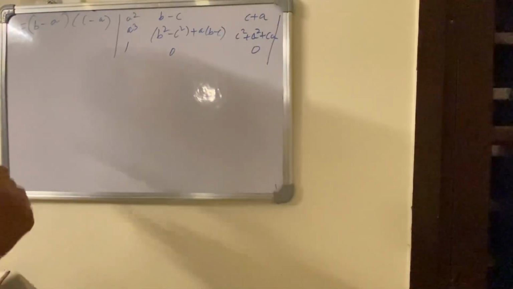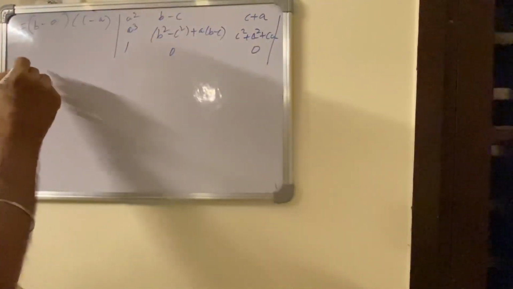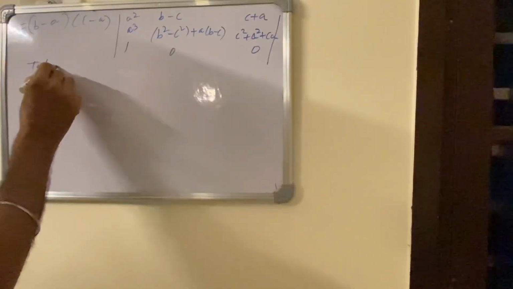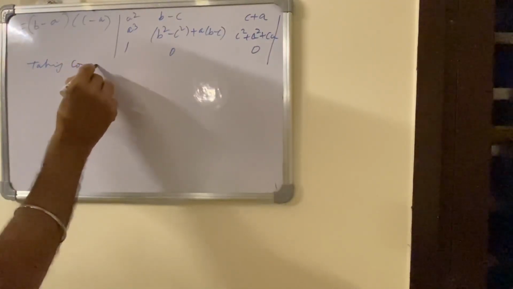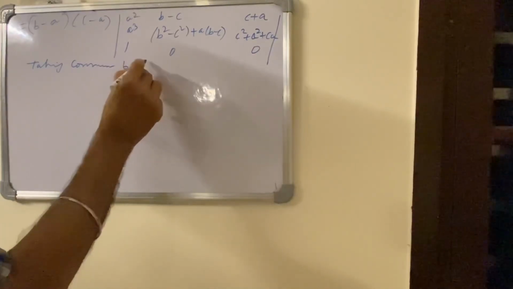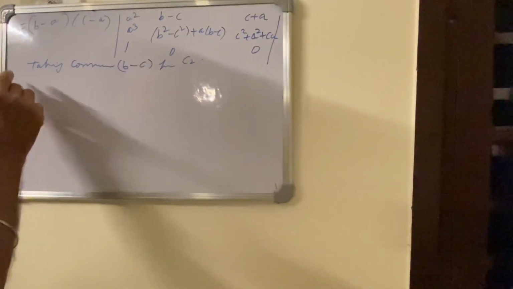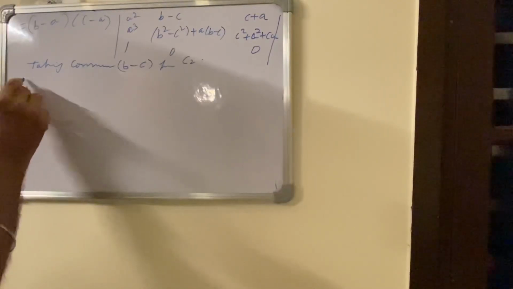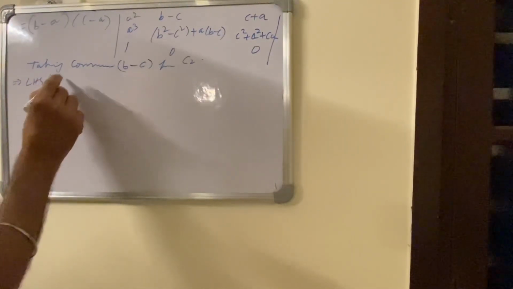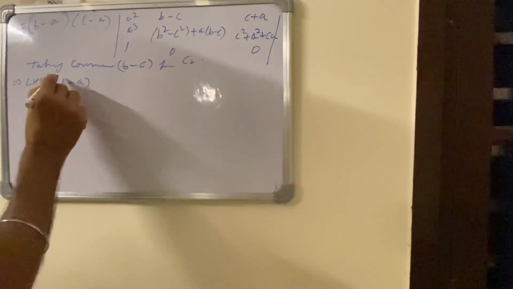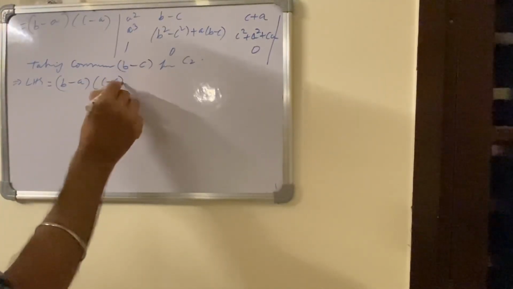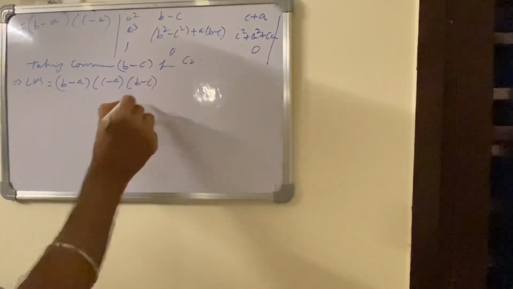Then we take b minus c common from column C2. So left hand side becomes (b minus a)(c minus a)(b minus c).